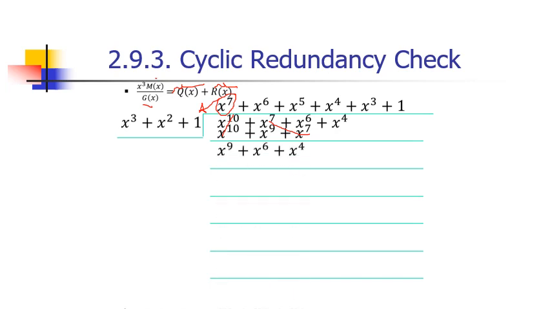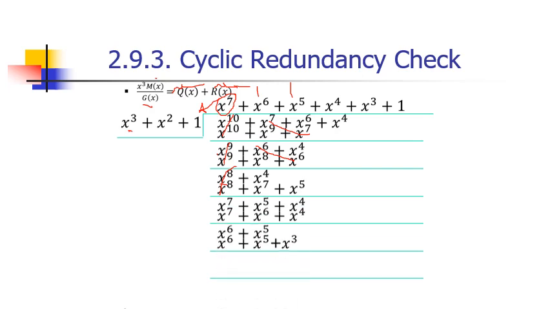x9, x6, x4. You do again the long division, x9 by x3, x6, you multiply, you XOR, similar terms are cancelled, you get x8, x4, then you divide x8 by x3, you get x5, you multiply, you do XORing, similar terms are cancelled, you get x7, x5, x4, and you continue till you get to x3 over x3 gets you a 1.